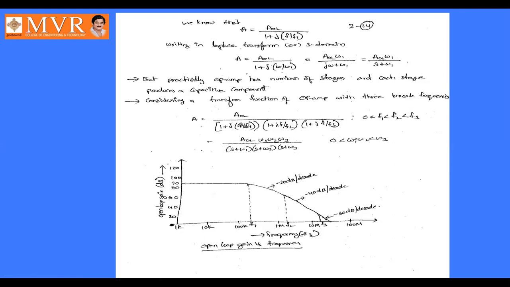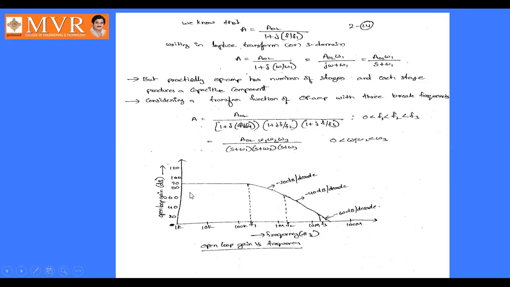Finally, the overall gain depends on the open loop voltage gain AOL times omega 1, omega 2, omega 3, divided by S plus omega 1, S plus omega 2, and S plus omega 3, where omega 1 is less than omega 2 less than omega 3.